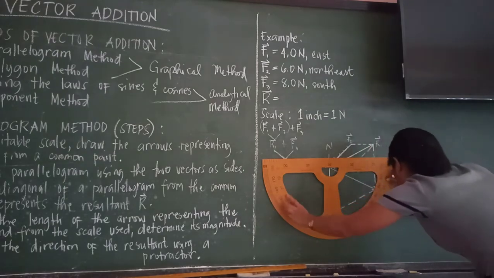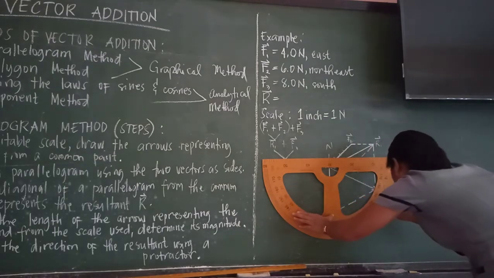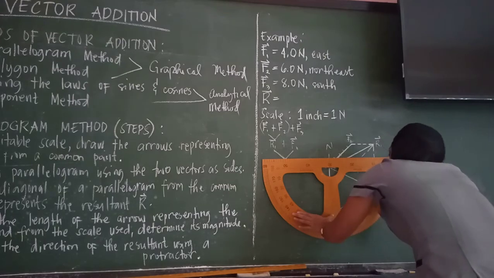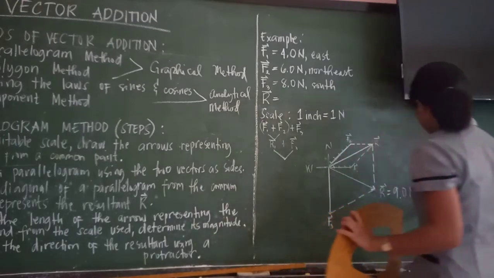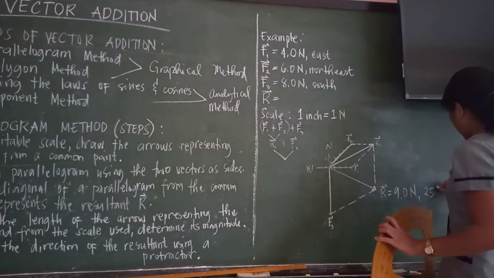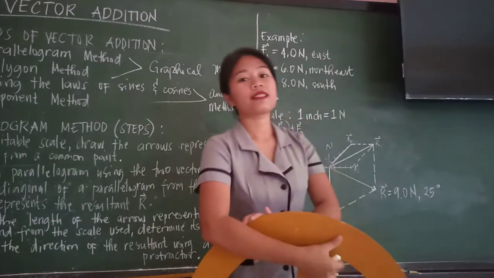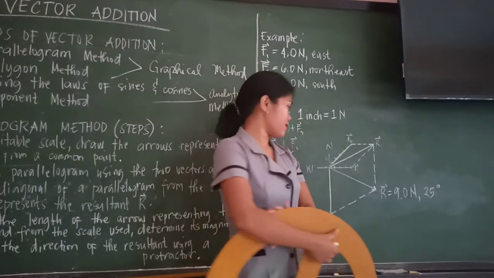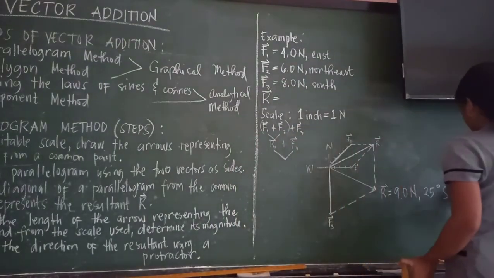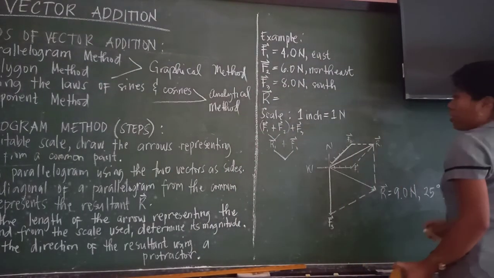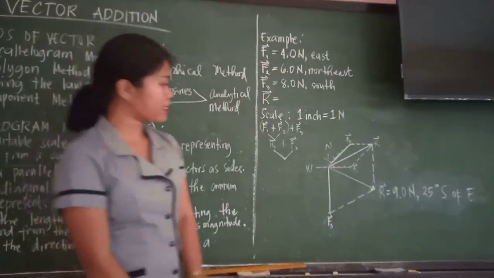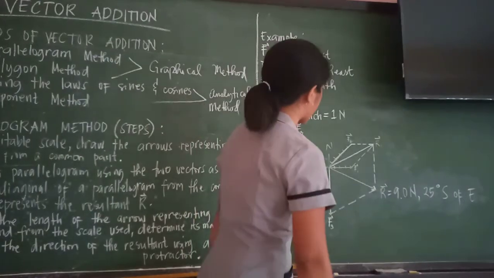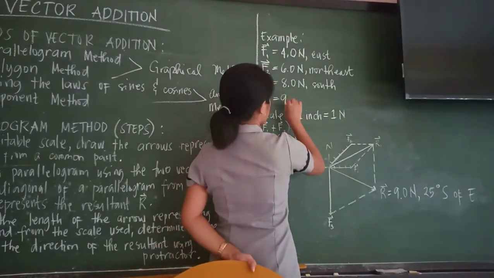We have, okay, 25 degrees. 25 degrees south of east. Alright, for the final answer, the magnitude for our resultant is 9 newtons directed 25 degrees south of east.